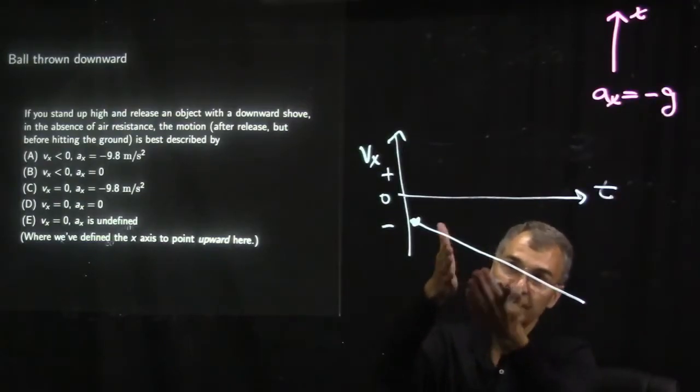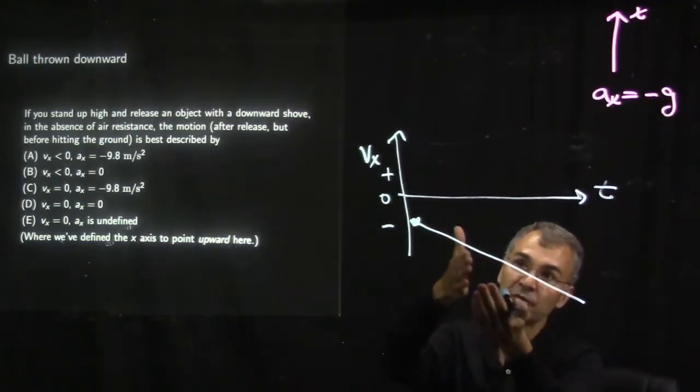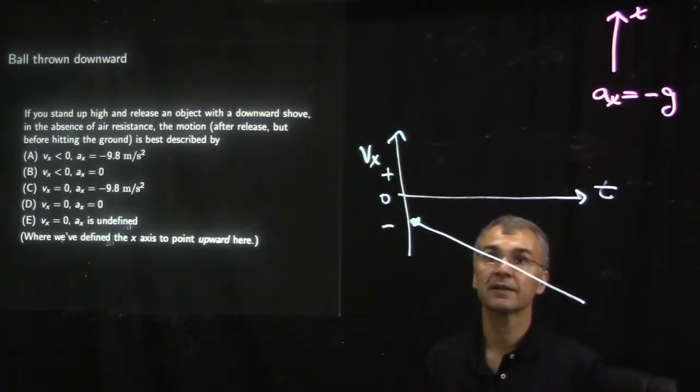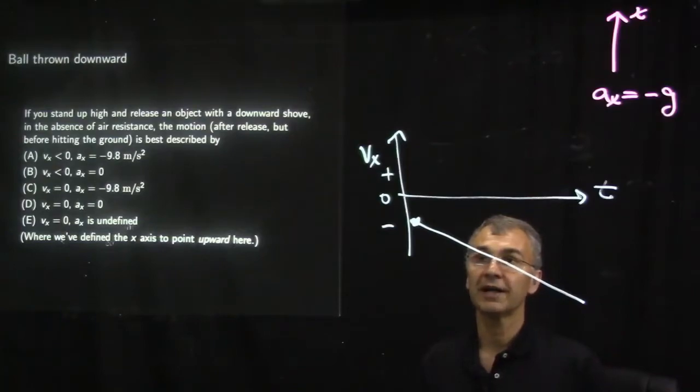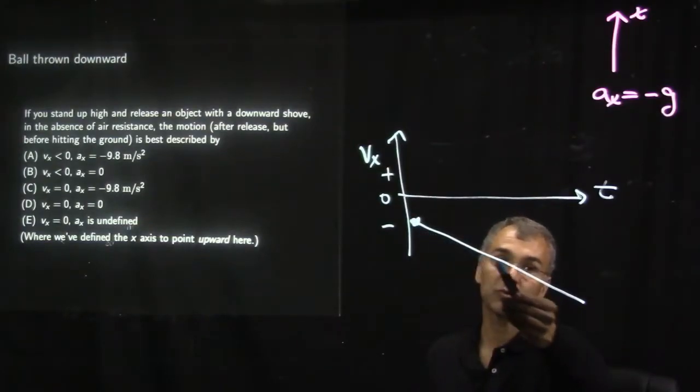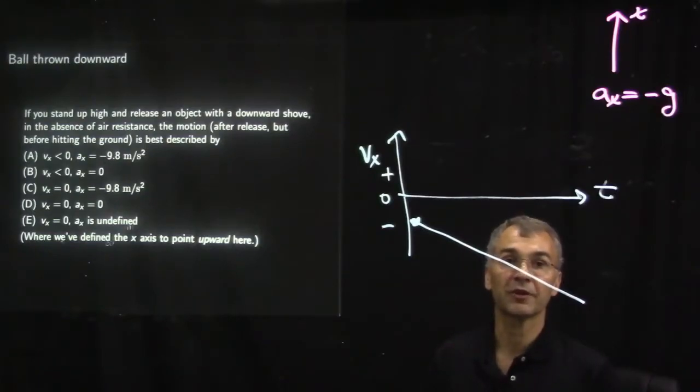Or at every instant of time, v sub x changes in a negative way. So I think v sub x starts out a little bit negative and gets more and more and more negative until just before it hits the ground.